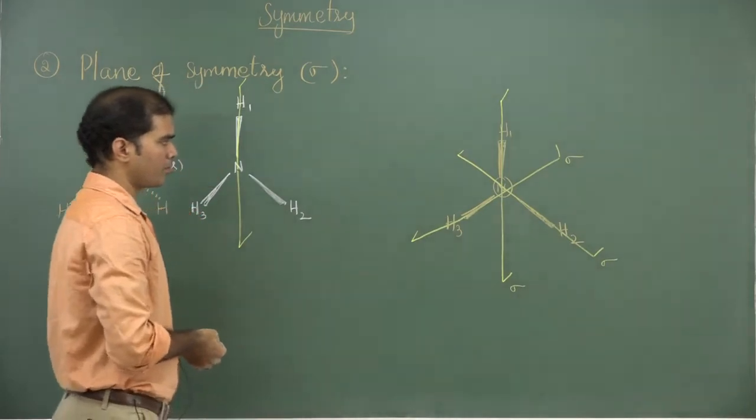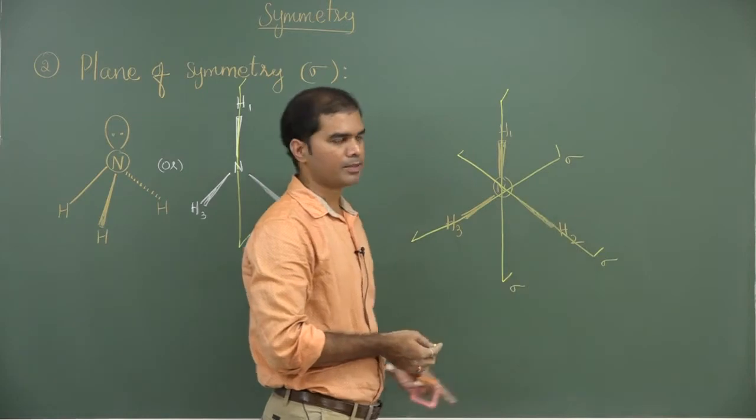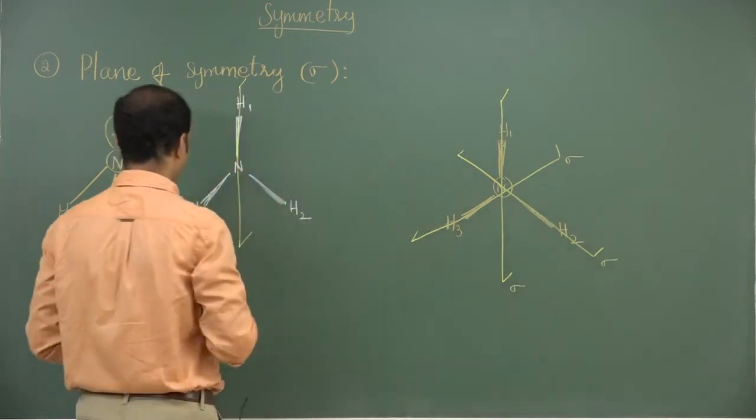Altogether we have 3 different planes within ammonia, 1, 2 and 3. That is the complete representation of the planes.